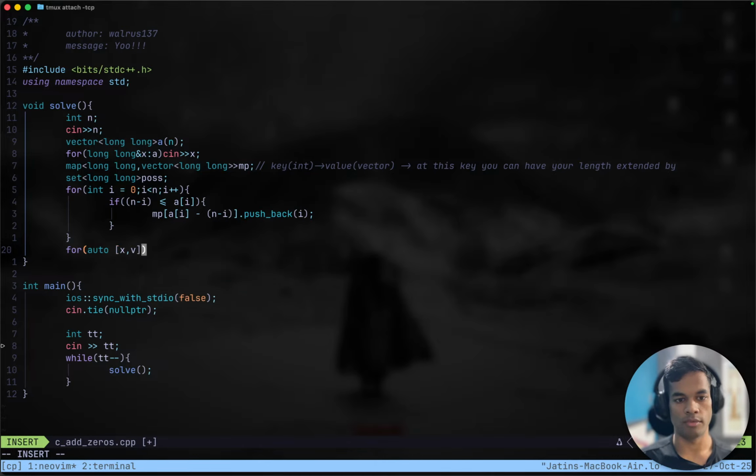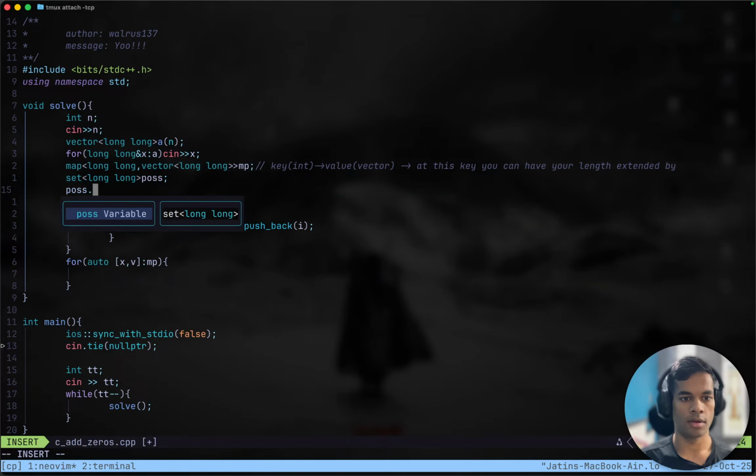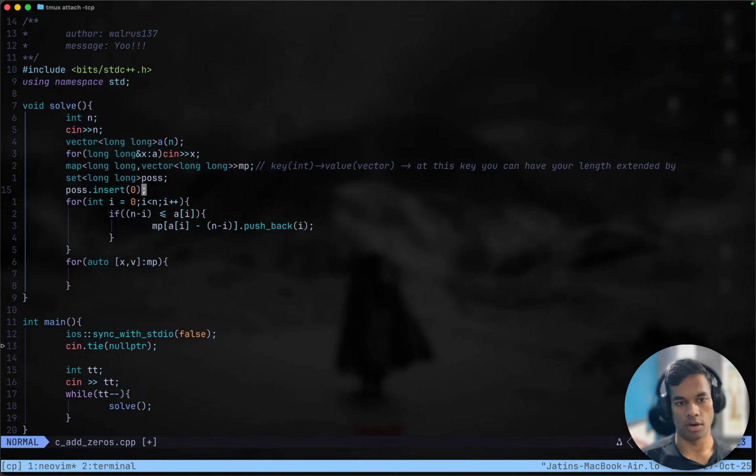Auto x, v in the map. Now x is what is required, and we'll see here in our set, 0 is already possible. We don't have any elements onto the right, so 0 length is already possible.